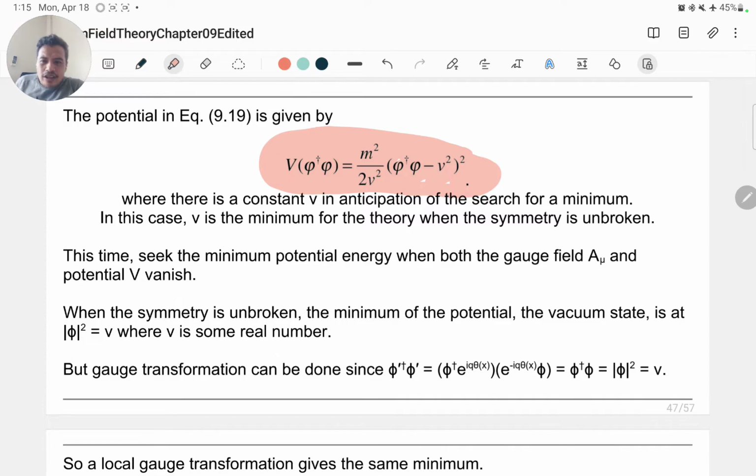So by the way, there's a constant nu that is to anticipate the search for a minimum.